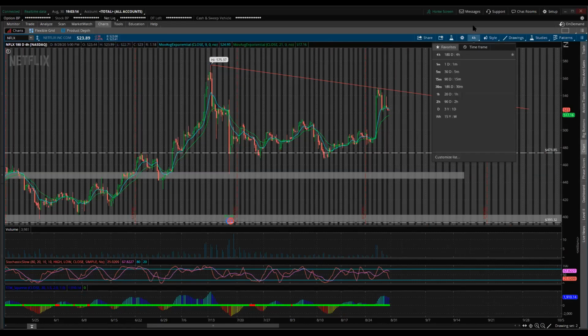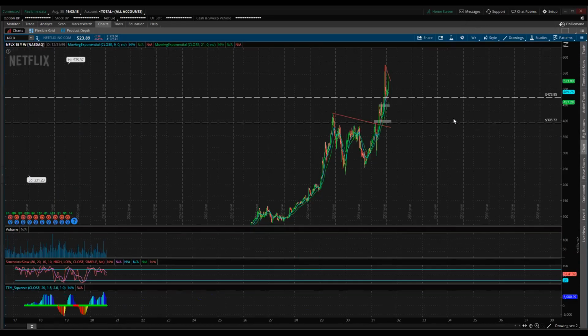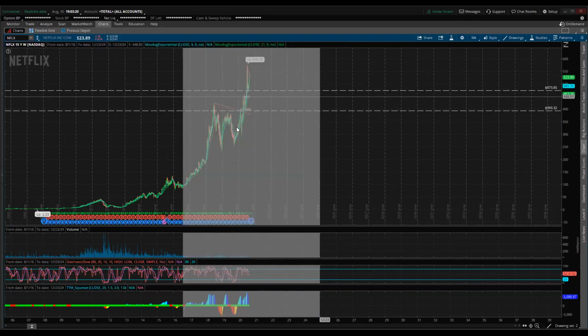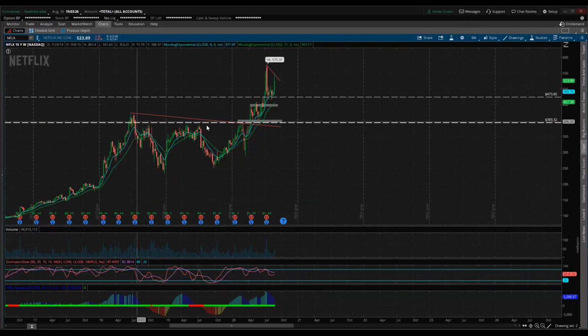But if we're talking about larger time frame triangles, this is my Netflix weekly triangle that I've had drawn from before 2020. And you see it touch these tops a whole bunch of times here.